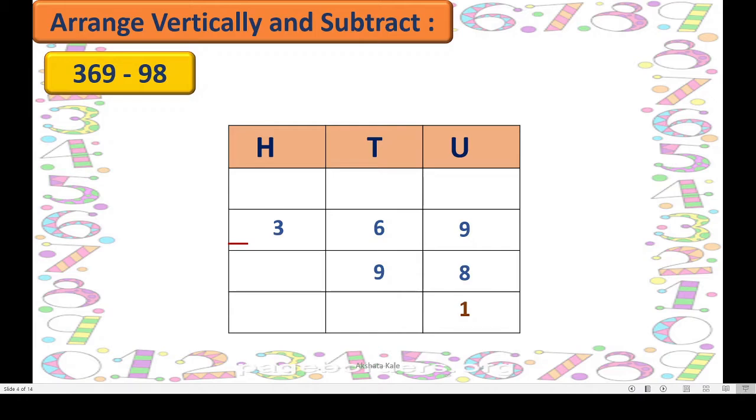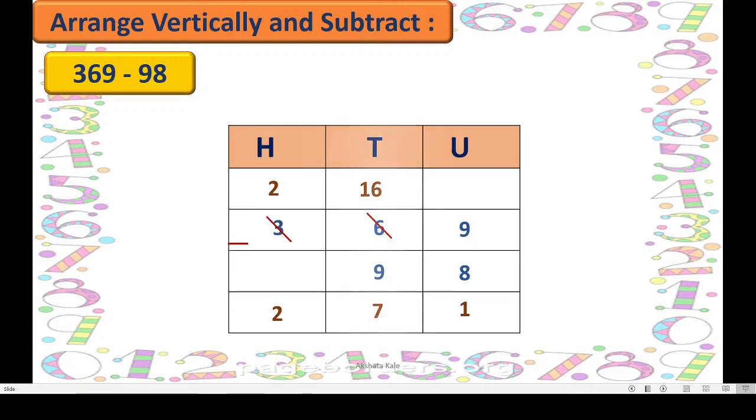In the tens place 6 minus 9, not possible. Again 6 borrows from 3 and it becomes 16. Correct? And 3 becomes 2. You know this operation now, isn't it? So 16 minus 9 is equal to 7. And 2 remains as it is here. So 271 is the answer for this sum.